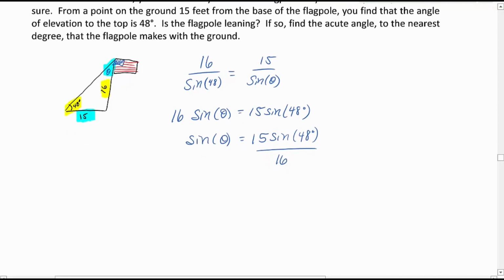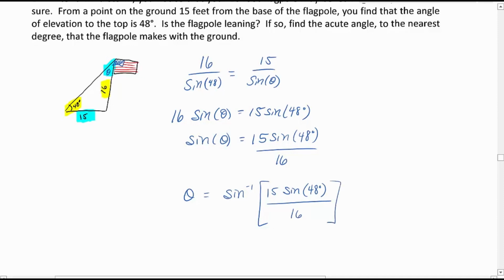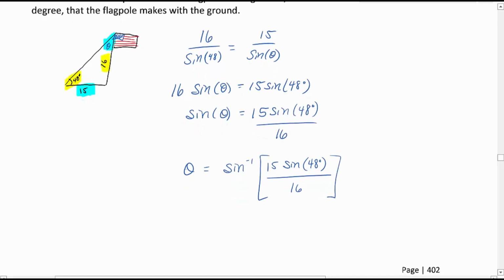And to figure out theta, we'll need inverse sine. Theta is going to be sine inverse of this fraction here. Plugging that into our calculator, and we'll round to the nearest hundredth, we get theta to be 44.16 degrees.